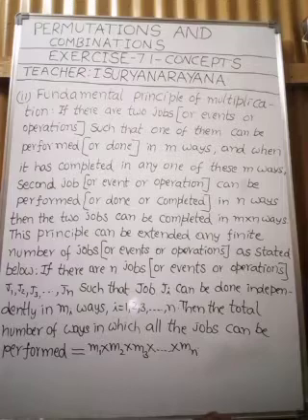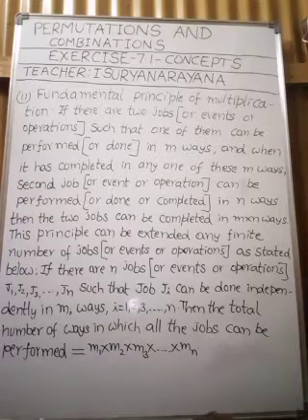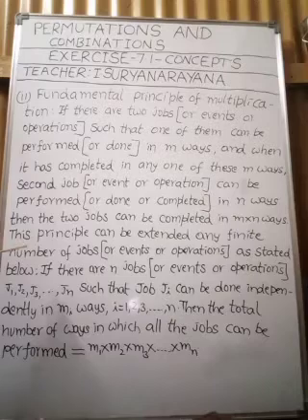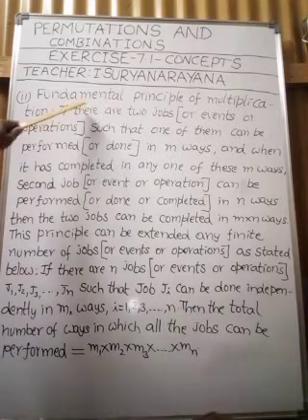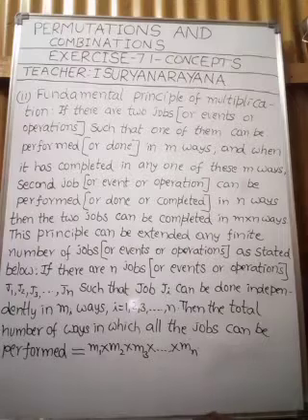Entering the room can be done in two ways and exiting the room in 3 ways. So the total number of ways he can enter the room and exit the room is 6 ways. Isn't it, my children? Right. So in that context, we used the fundamental principle of multiplication.